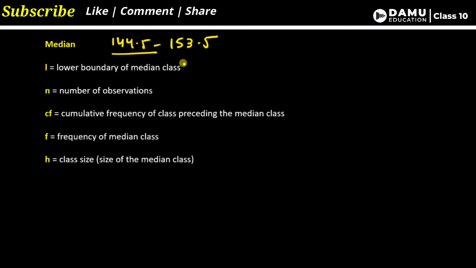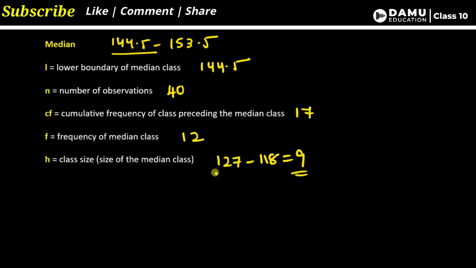The lower boundary of the median class is 144.5. The number of observations, n, is 40. The cumulative frequency is 17. The frequency of the median class is 12. The class size h is the lower boundary 127 minus the first class interval's 118, which gives 9. So h is equal to 9.